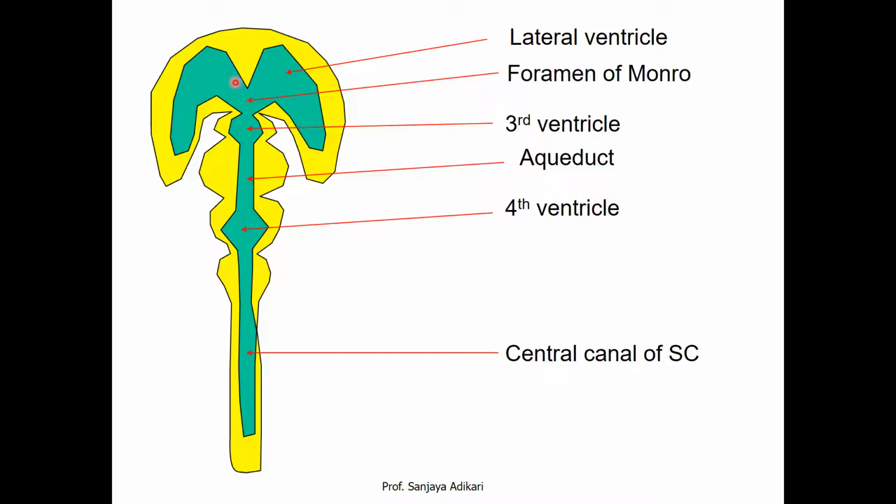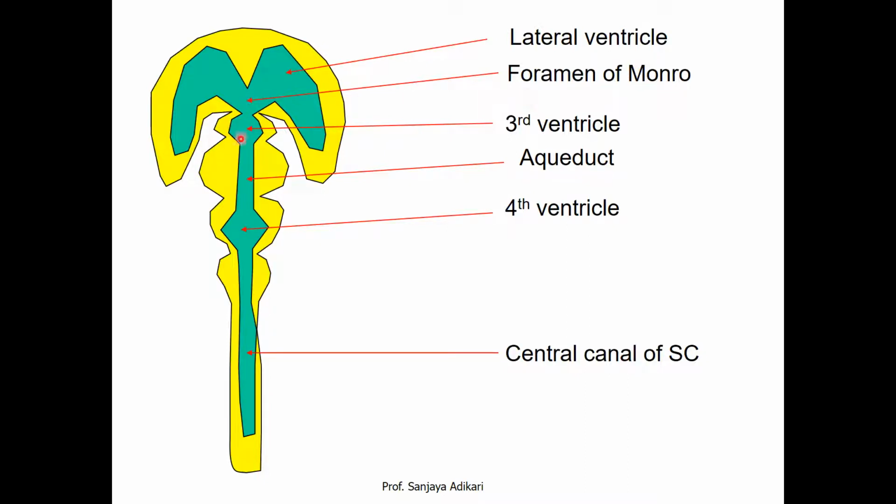They are called ventricles because they are large cavities. So you have the left and right lateral ventricles in the two cerebral hemispheres. They are connected by a foramen, because they were one cavity initially. They maintain their connection through the foramen of Monro.